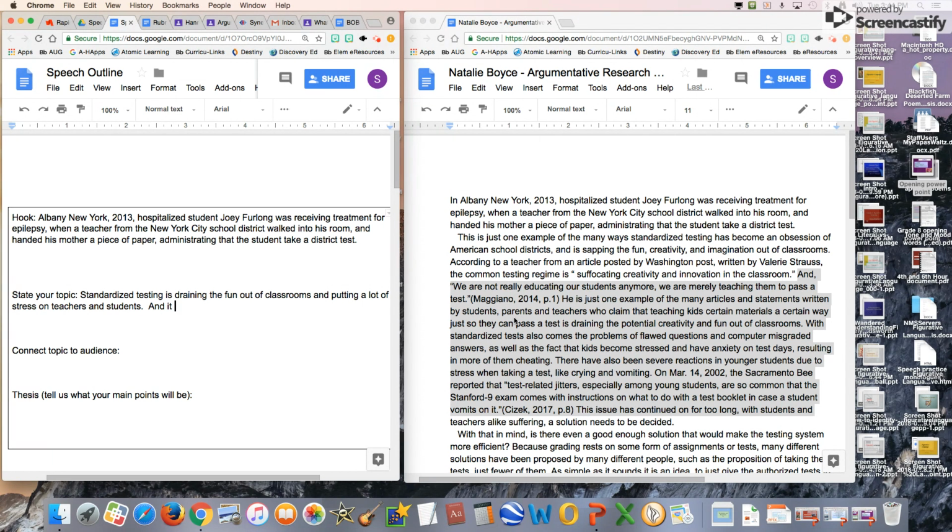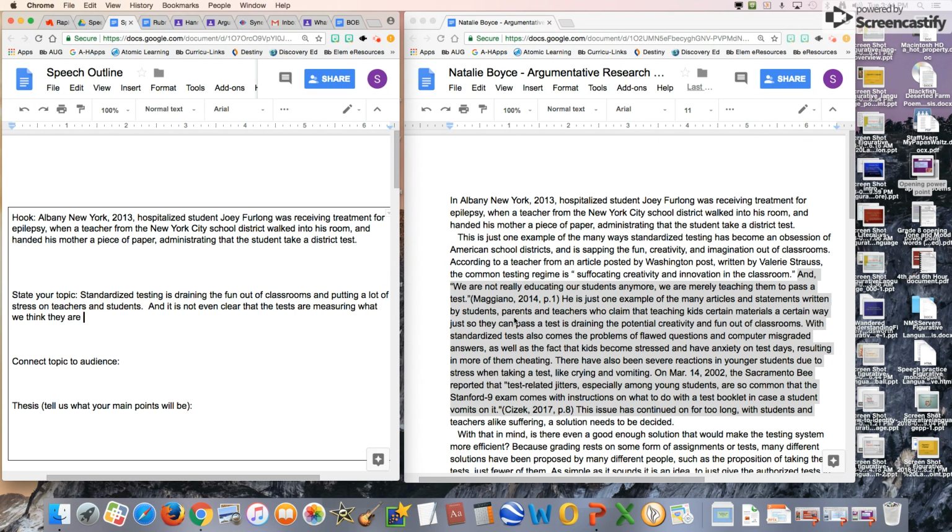And it is not even clear that the tests are measuring what we think they are measuring.